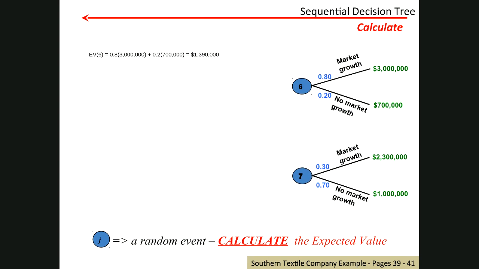And then for the expected value at location 7, we're going to do a similar calculation, of course, using the information that's there, 0.3 times 2.3 million. And we're going to add that to $1 million. I've got one too many parentheses in there. And that turns out to be equal to, I've got this is 1.3.